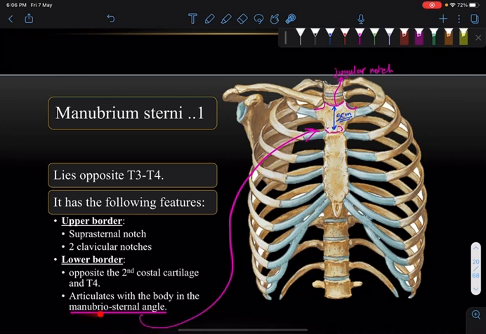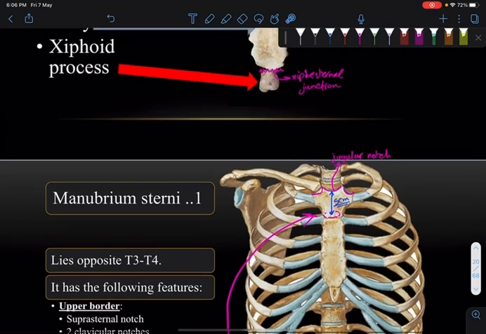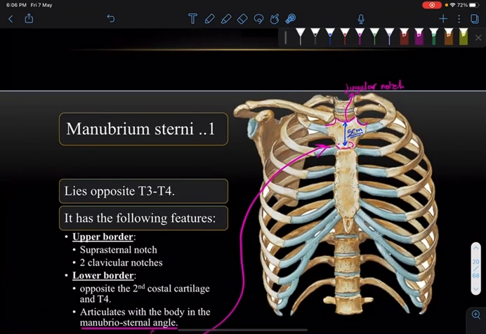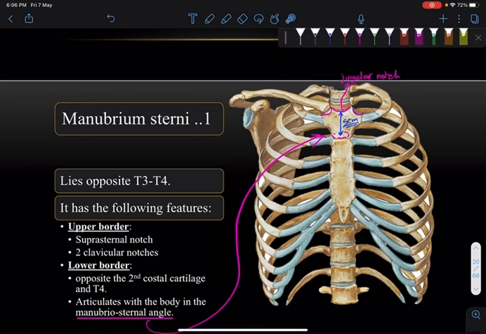Okay, اسمه manubrio-sternal angle. Articulate with the sternal body and joined to it by manubrio-sternal junction. اوكي في اللي حكينا السوبرسترنال نوتش هذه لها اسم اخر وهي jugular notch.